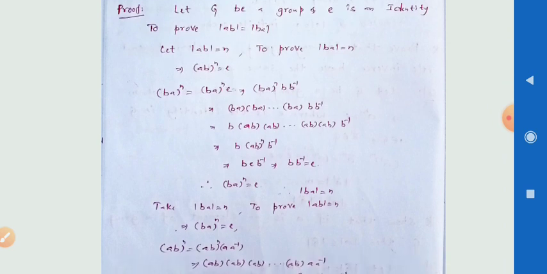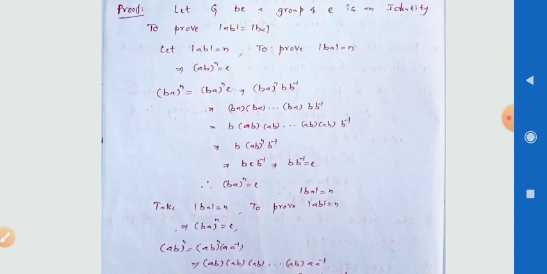Now (AB) whole power n value is E, so I am replacing (AB) whole power n with E. Then B into E into B inverse becomes B into B inverse, which becomes E. Therefore (BA) power n is equal to E.